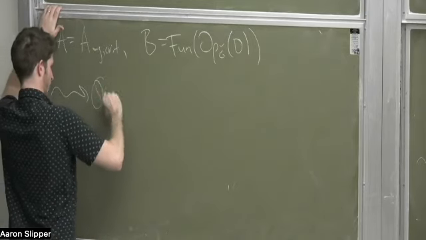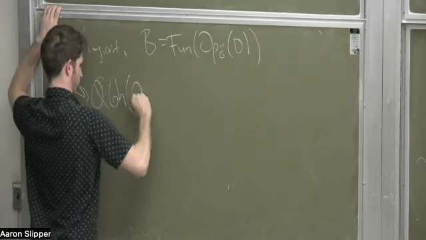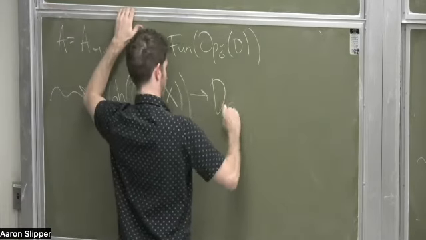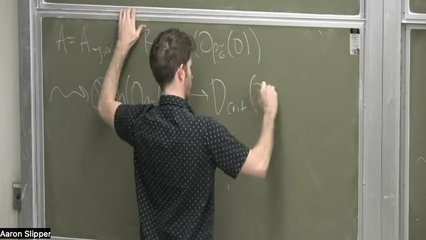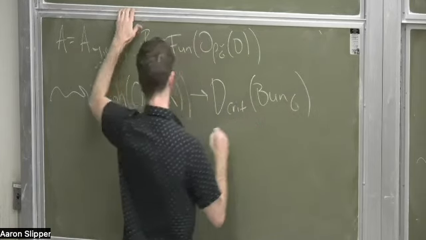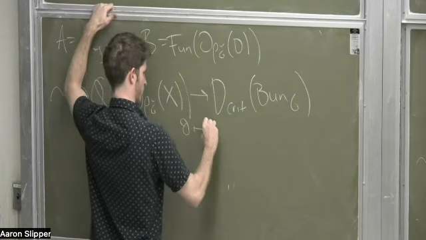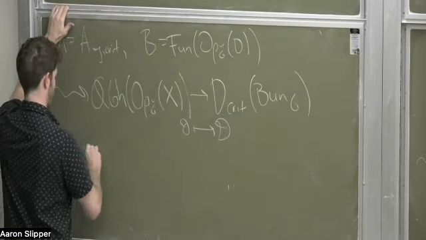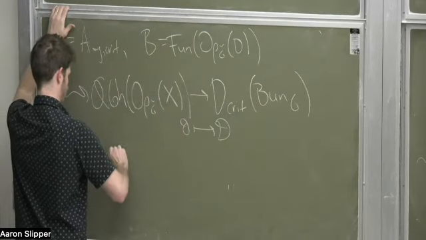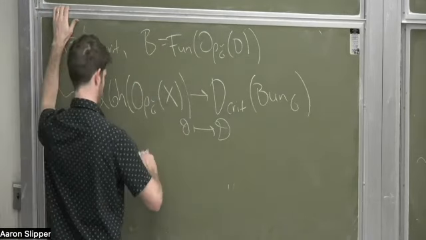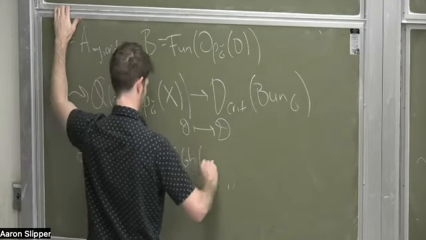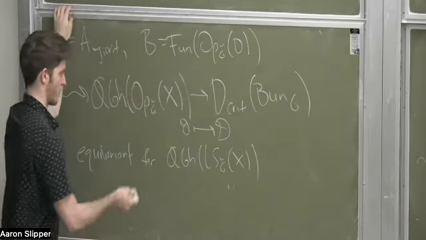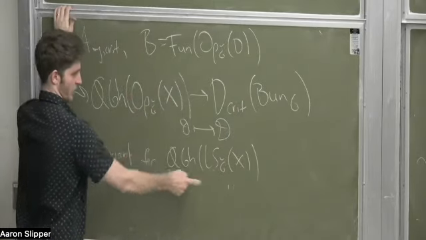We get a functor from QCoh of global opers to D-modules on BunG that sends the structure sheaf to differential operators, and it's equivariant for the action of this category, where the action on the right side is by Hitchin's theorem, and the action on the left side is just because Opers is a torsor.